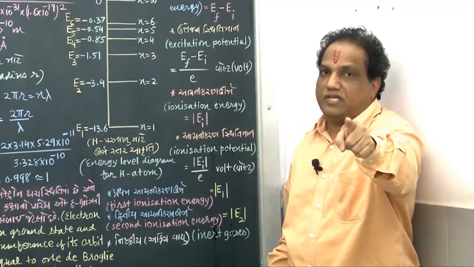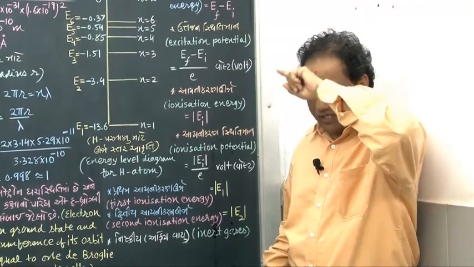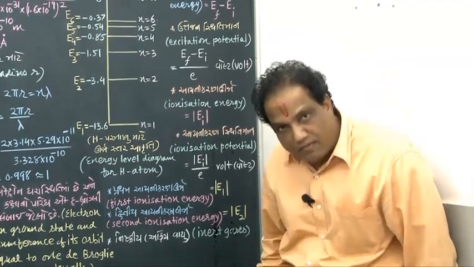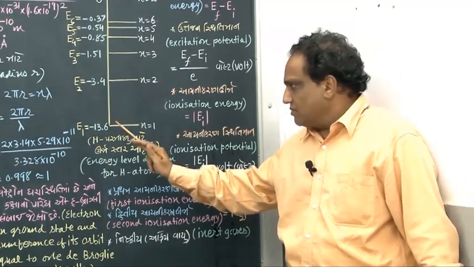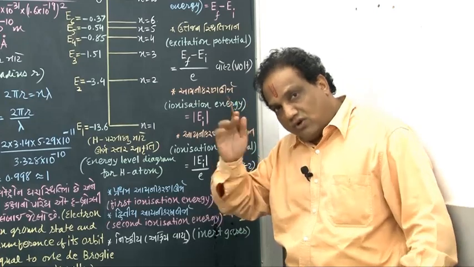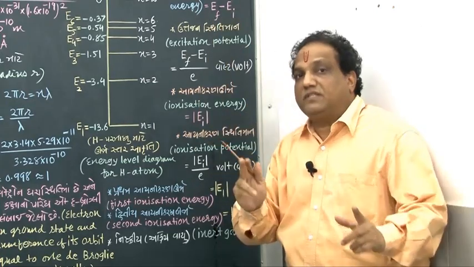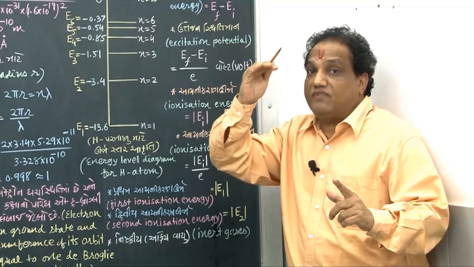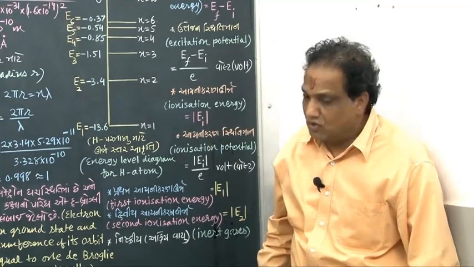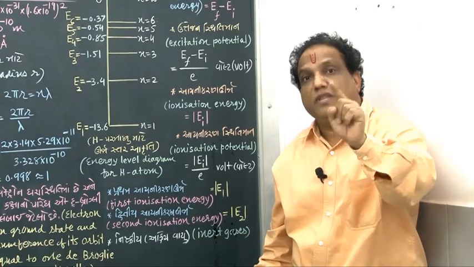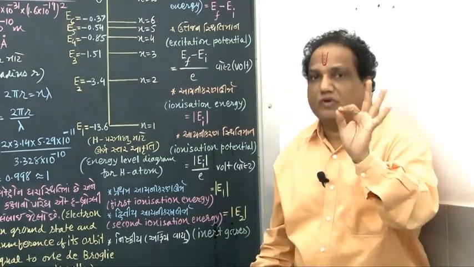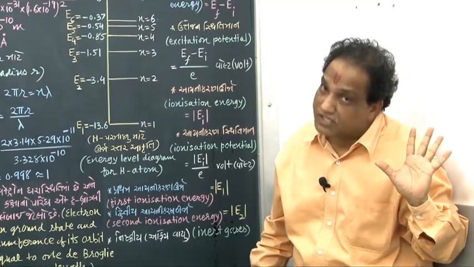Remember, ionization energy is not simply energy, it is minimum energy. If you supply energy to this electron, say more than 13.6, then also you can make it free, but then other values of energy which are higher than 13.6 electron volt are not ionization energy values. Ionization energy value is the minimum energy to be supplied to an electron lying in a given energy state.